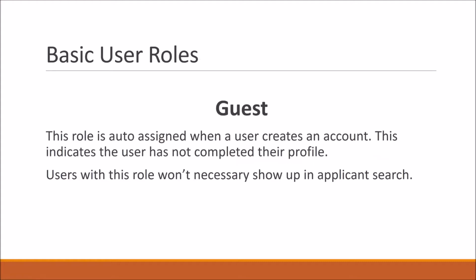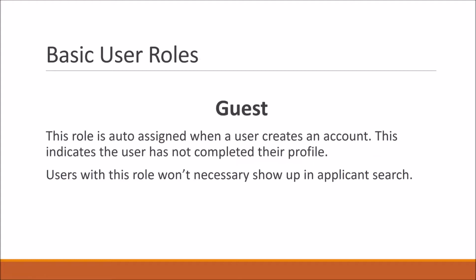Computers are so linear, they follow the steps. Humans, not so much. We jump from A to Z all the time. And in our mind, things make sense, where a computer is like, doesn't compute. So the big thing is when you see someone with the role of guest, most often that indicates they haven't completed their profile.